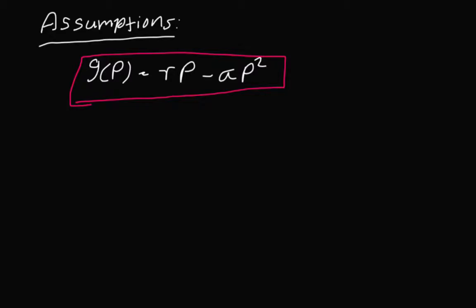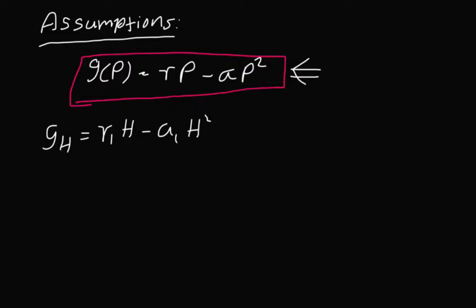GH is the growth rate for hardwoods. So according to this equation, we can write down GH equals R1 H minus A1 H squared, where H is the population of hardwood.